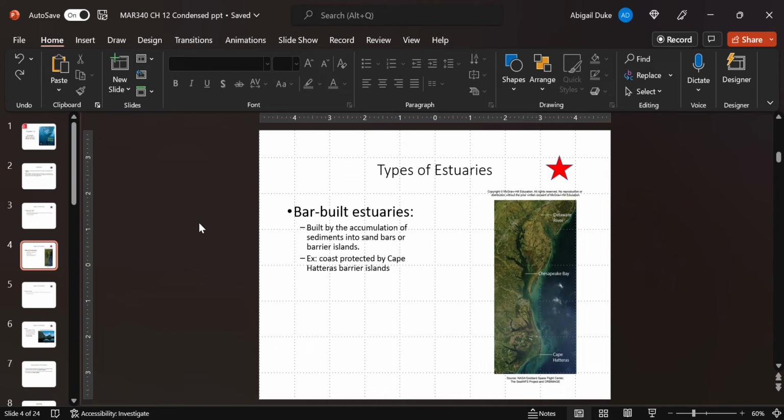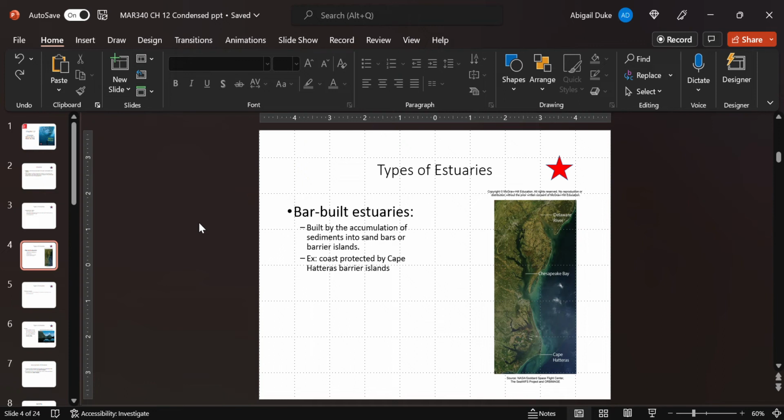Another type of estuary is the bar-built estuary, which is built by the accumulation of sediments into sandbars or barrier islands. An example is the coast protected by Cape Hatteras Barrier Island. This image is a good image, by the way. It is on page 277.